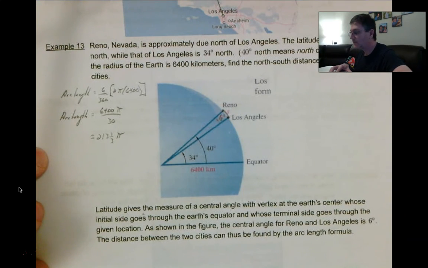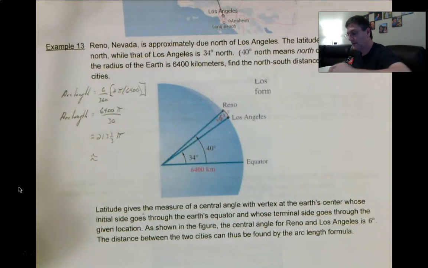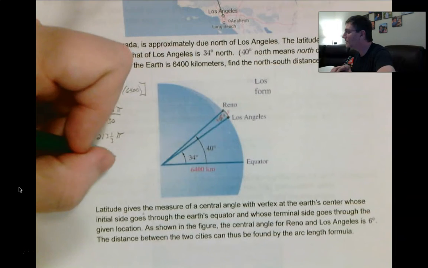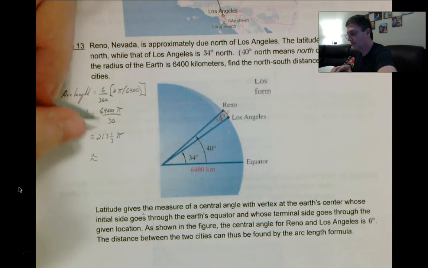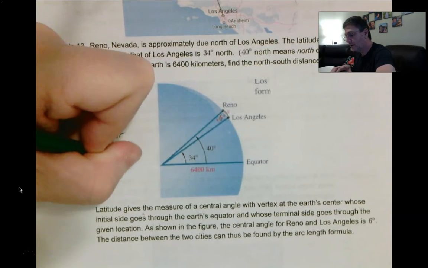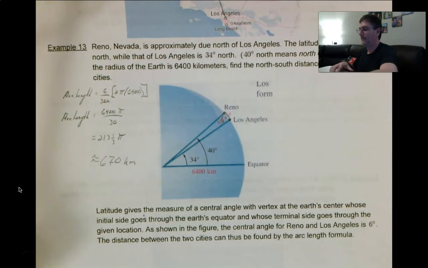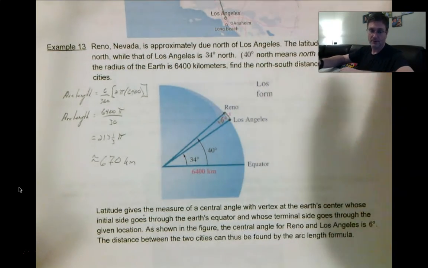Do we want to round to, it doesn't say, find the distance between the two, so it doesn't say what to round to. 213 1/3 times, hit our pi key. We're going to get approximately, let's round it to the nearest kilometer, 670 kilometers between Reno and LA. And if you use Google Maps, Google Earth, it's going to confirm that.